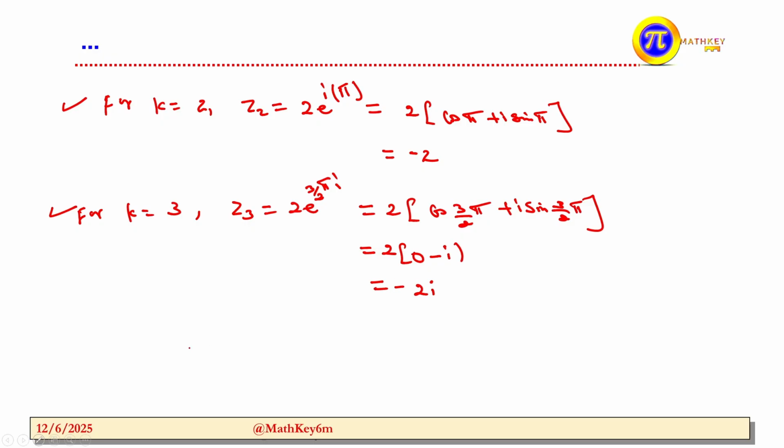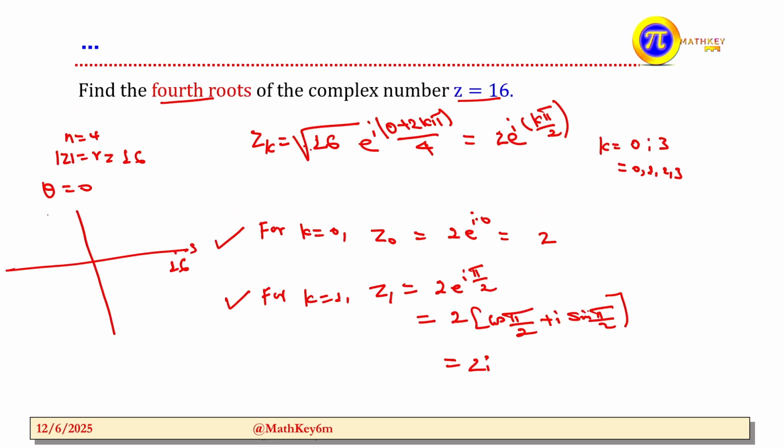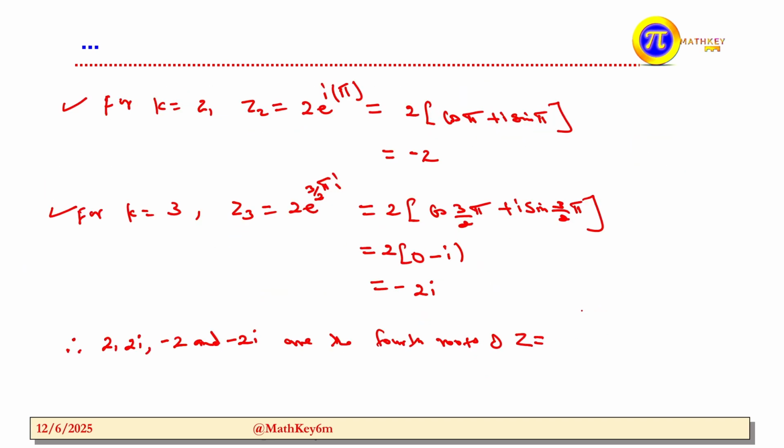Now we have completed all the options, since k runs from 0 to 3. Therefore 2, 2i, negative 2, and negative 2i are the fourth roots of the complex number z equals 16.